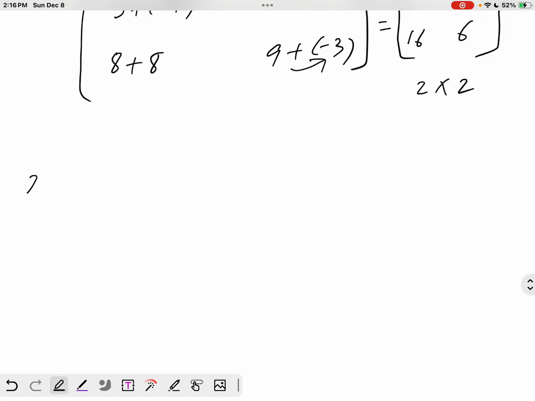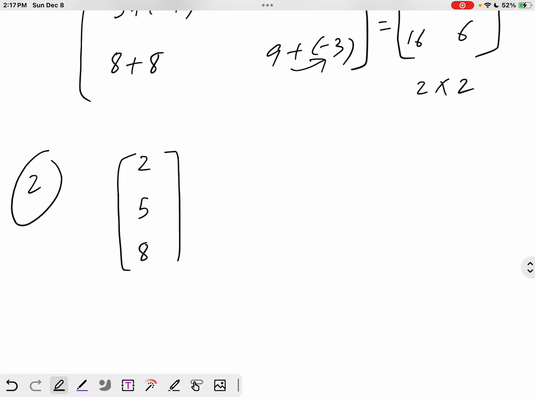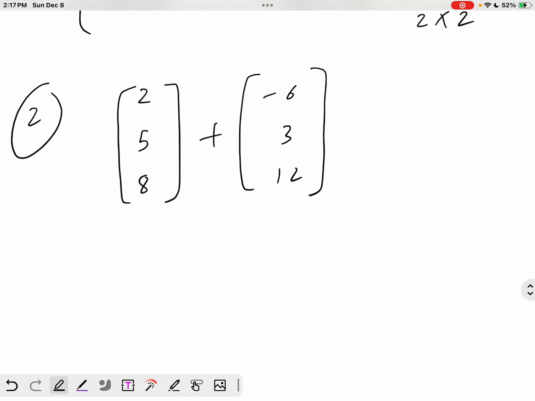Okay, let's do one more. Number 2: [2, 5, 8], which has 1 column but 3 rows. This is a 3 by 1 matrix. Plus [-6, 3, 12].